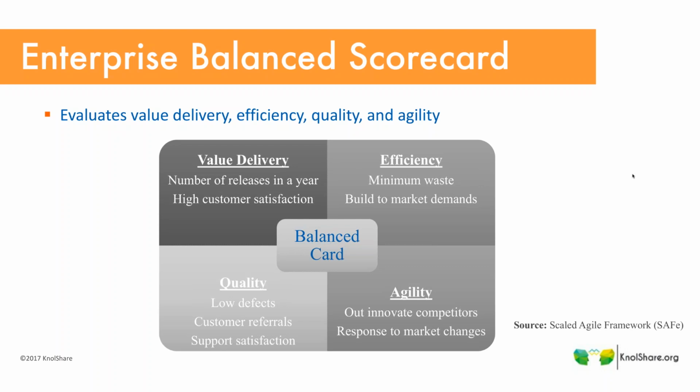The other quadrant, the lower left, we're talking about quality. We want to make sure we have things with very low defects. We want to ensure that the products that we build with great business value enable our customers to provide referrals, so that our business could grow.